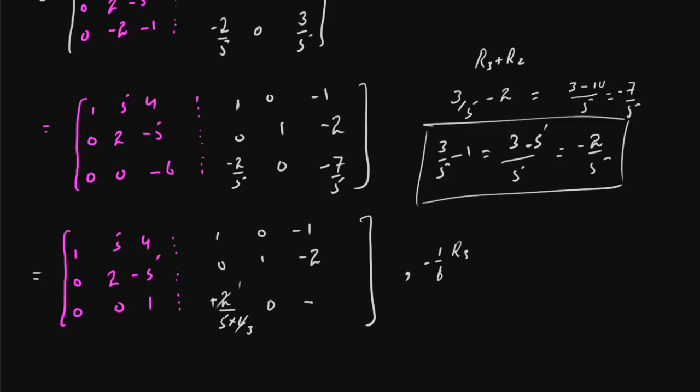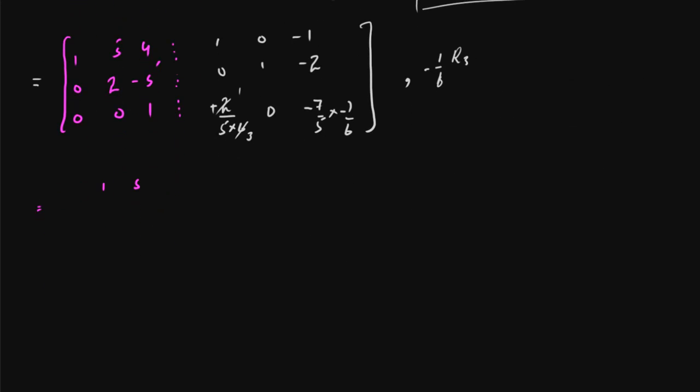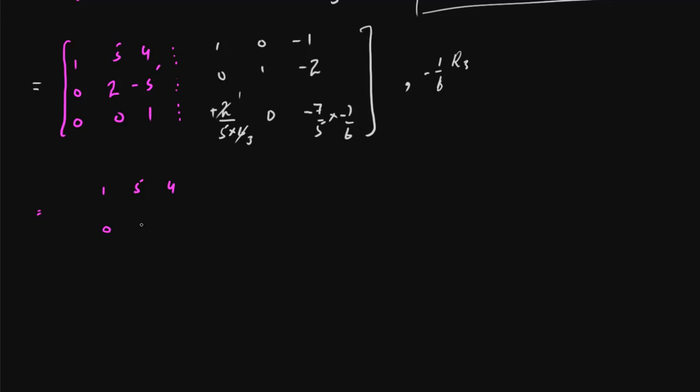Okay, minus 7 over 5, and we are just multiplying that with minus 1 over 6, and we are going to get, let me just write here, 1 5 4 and 0 2 minus 5 and 0 0 1, and next we have 1 0 minus 1 and 0 1 minus 2, and we have 1 over 15 and 0, and we have now plus 7 over 30.